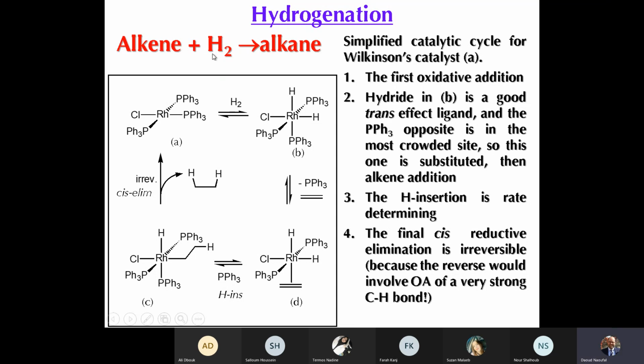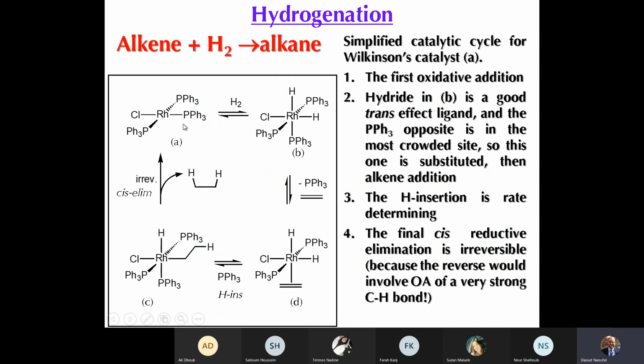In another step should appear the addition of hydrogen, and in a third step should appear the formation of the alkane. The common mistake of the student in writing the organometallic mechanism is that sometimes the student forgets to add one of the ligands, so the mechanism is incorrect.